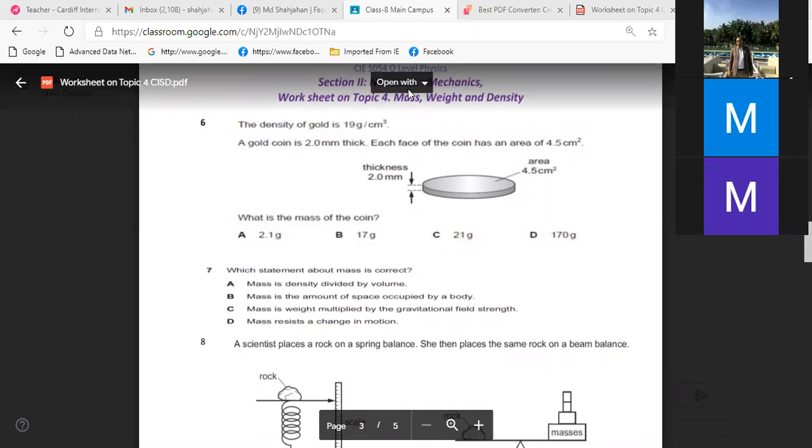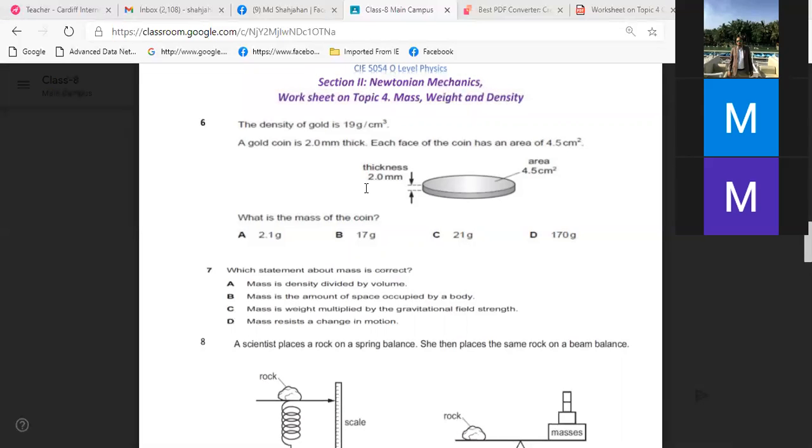Yeah, formula. So again muted. We don't want you to mute now. Keep your microphone on. Then formula, which formula will you use? So which formula will be appropriate here for this object?